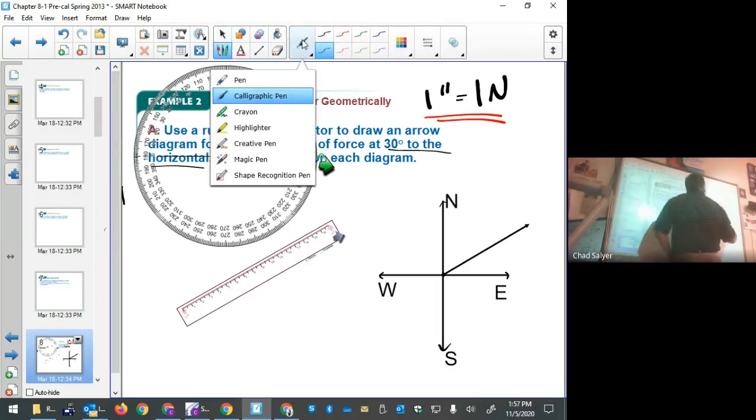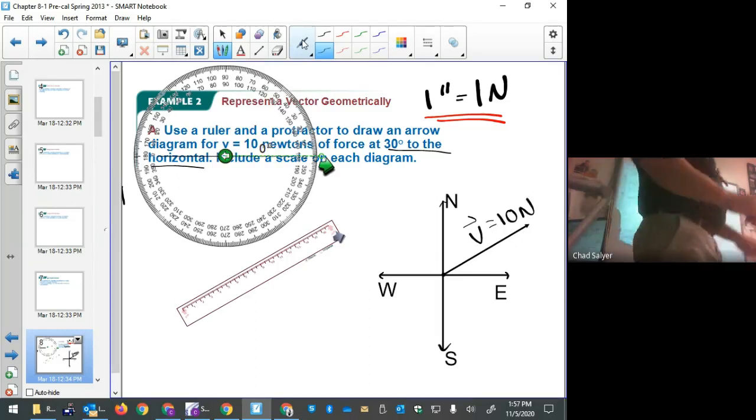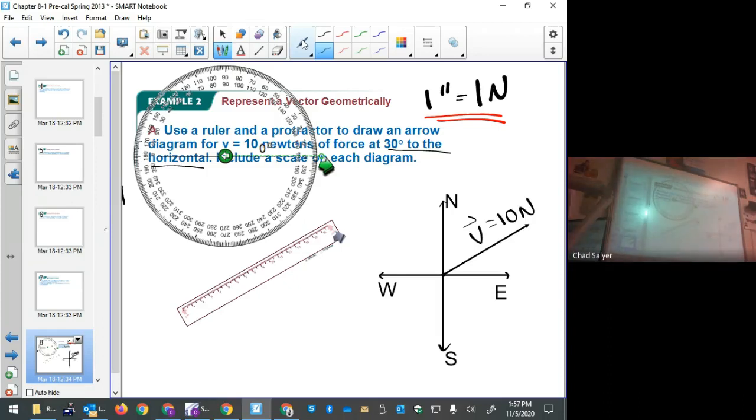So we've got here that vector V equals 10 newtons. The way you would use Euclidean tools is you would have 10 measures of length, inches in this case, and then you'd make an arc and draw through the point that was on the right angle to that arc.